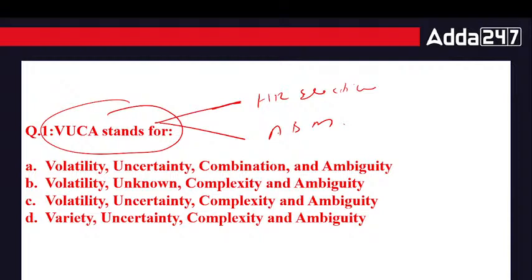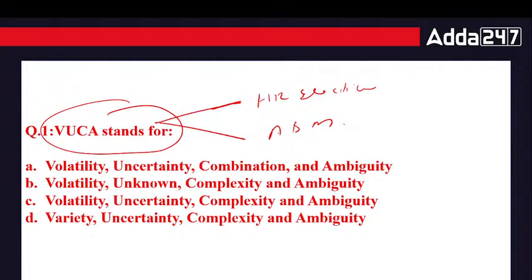VUCA is a crisis situation, right? VUCA is a crisis scenario which all organizations face during the time of a crisis. Whenever any organization is having some crisis, at that time they are having this type of thing.